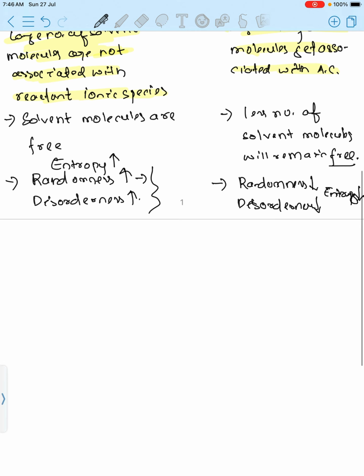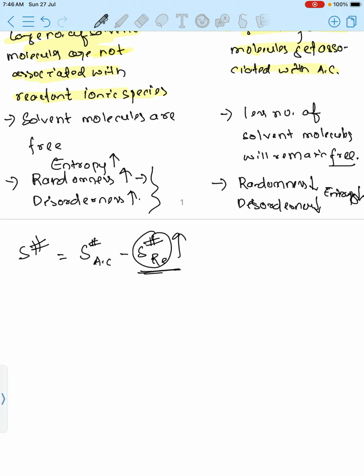Entropy decreases. So if you calculate the entropy of activation, what would happen? This is nothing but the entropy of the activated complex minus the entropy of the reactant species. Which would have a larger value? The entropy of the reactant would have a larger value, as the solvent molecules are free, they are able to move freely, they are more random in nature.